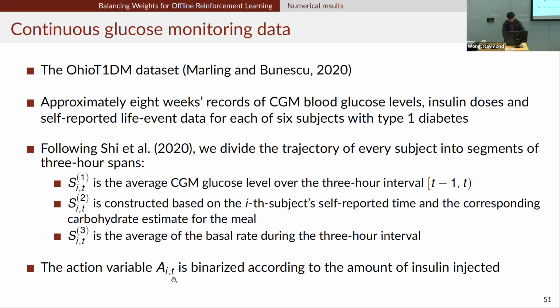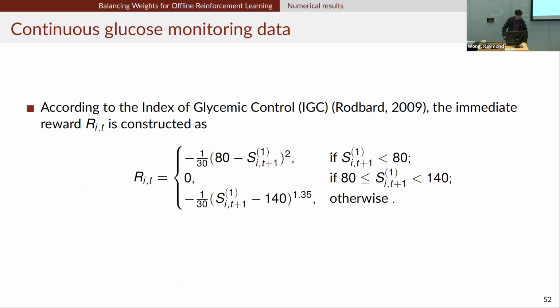We have a binarized action, which is based on the amount of insulin injected. I'm not an expert in this area, so essentially we follow the literature, and use this IGC as the immediate reward.